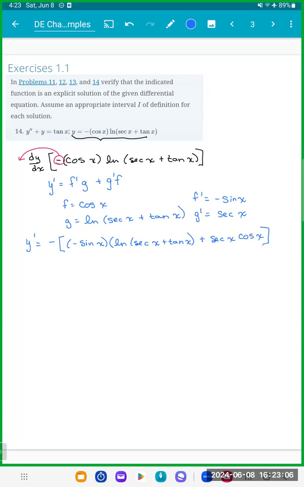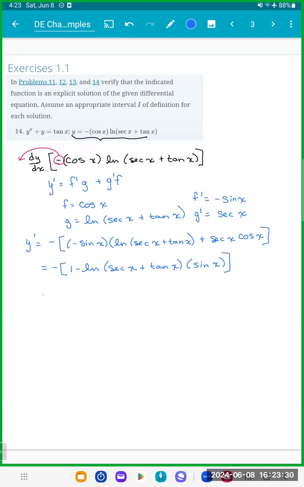Now let's just simplify and clean this up a little bit. So we have negative 1 minus ln secant of x plus tangent of x times our sine of x. Okay.